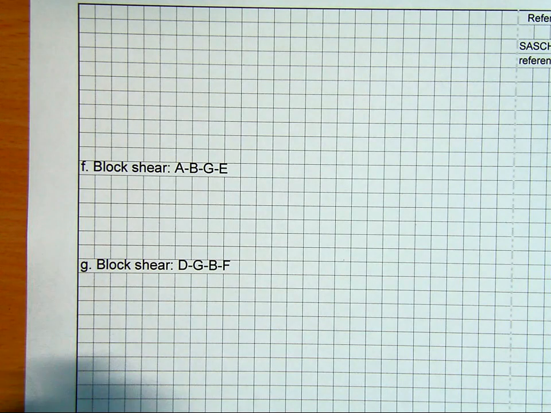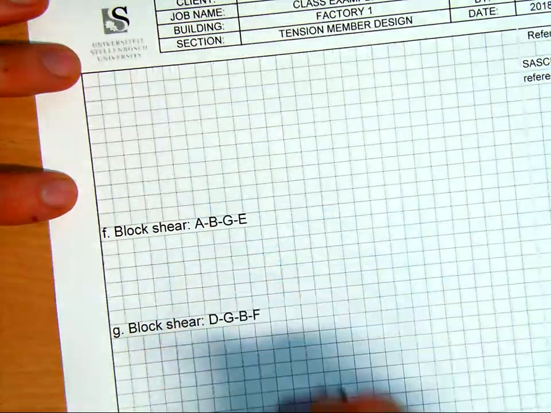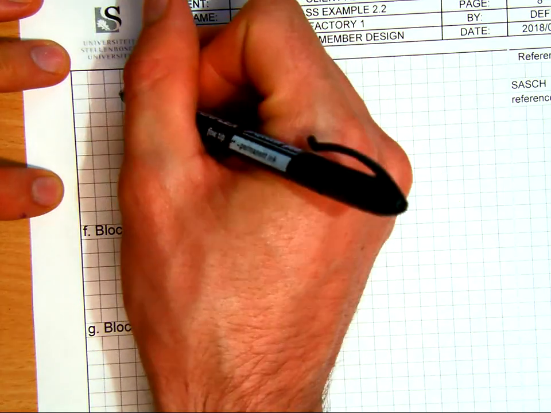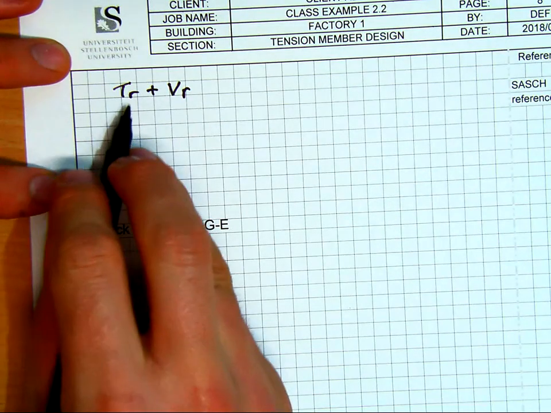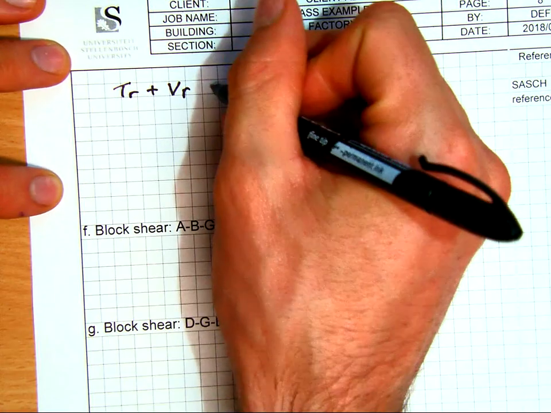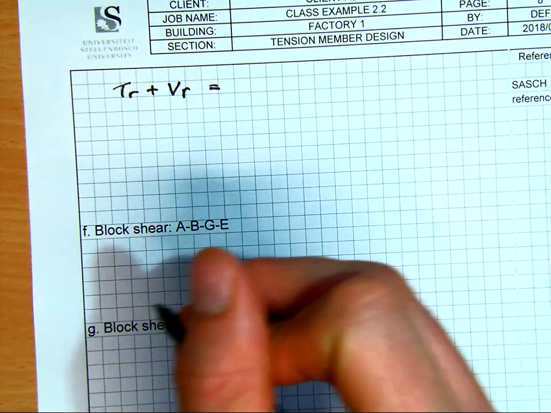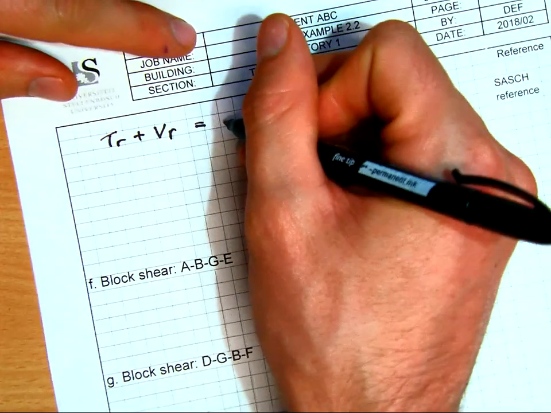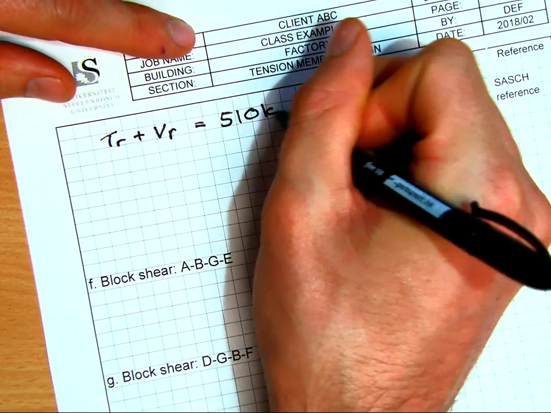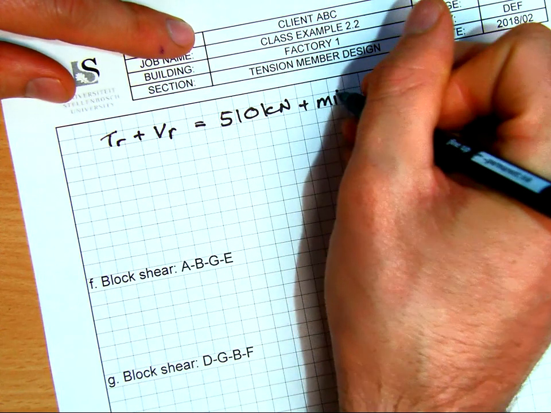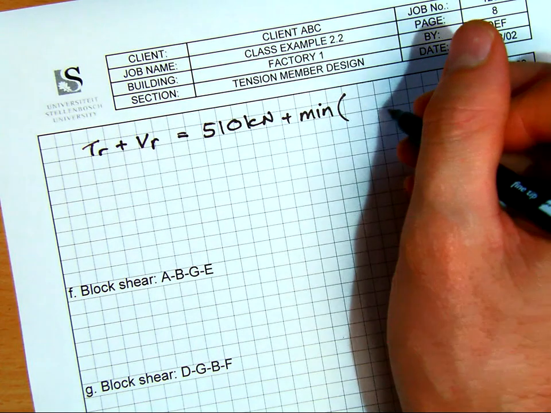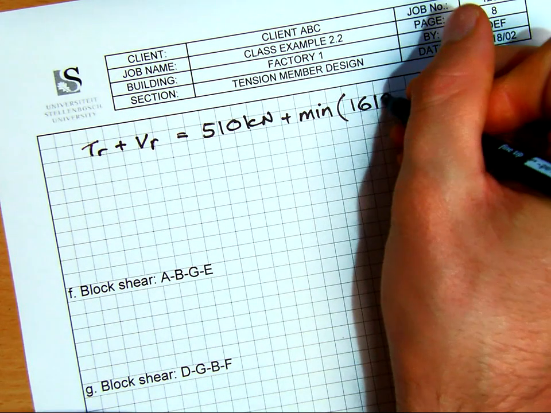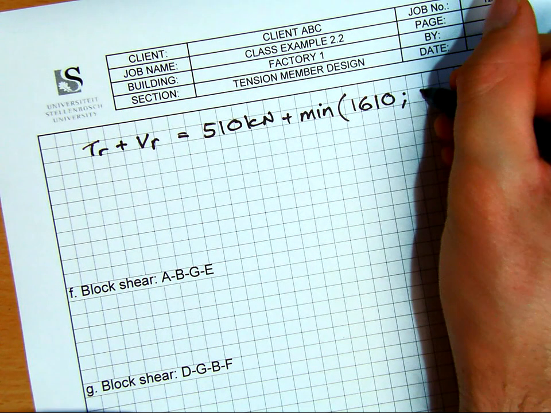So therefore, the total resistance is TR plus VR. It is two components. There's a tensile component and a shear component to what we have just calculated, and that will be 510 kilonewtons plus the minimum of the other two that we worked out, 1610 and 177.